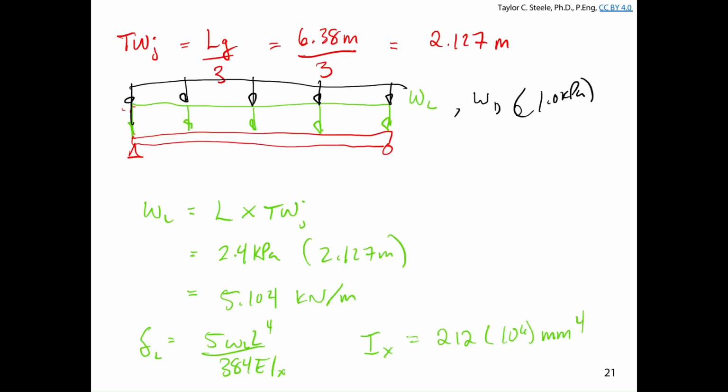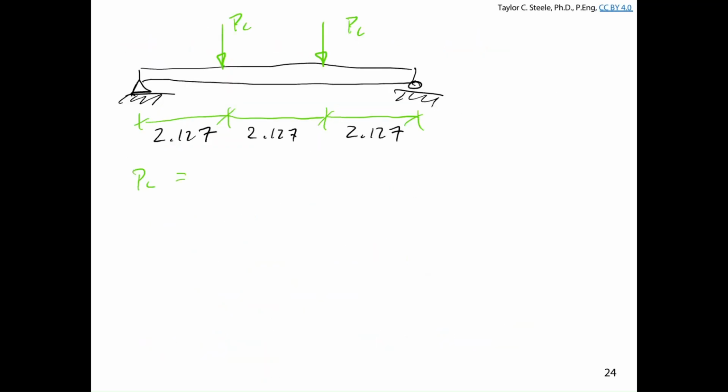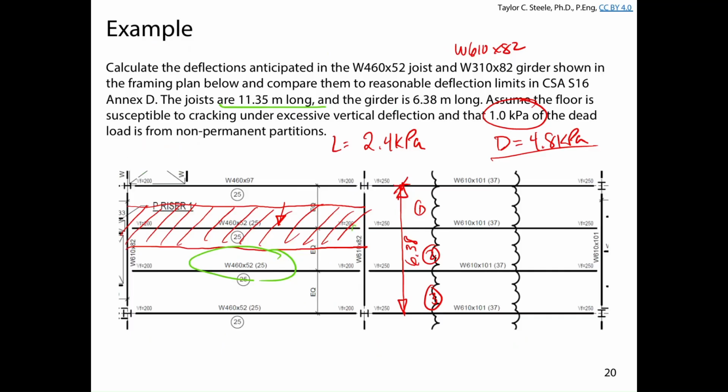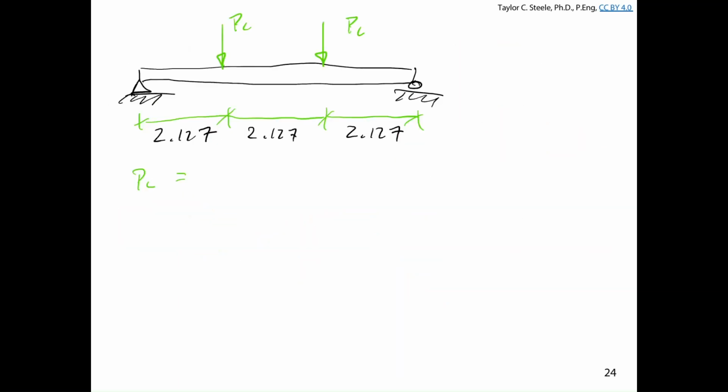So if we come back here, basically, we want to know what the live load reaction is here for the joist, which would be the 5.104 times the 6.38. And we've got one on the left-hand side and on the right-hand side of the girder. So whatever the reaction is on the joist, we multiply that by 2.